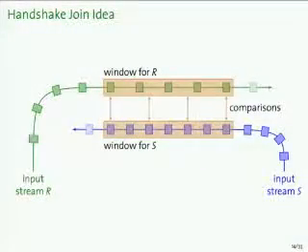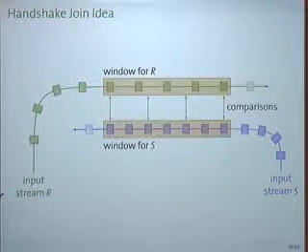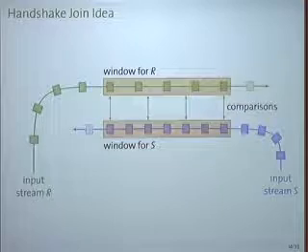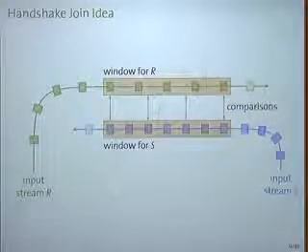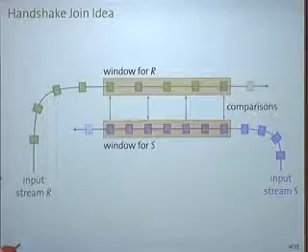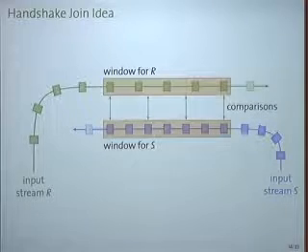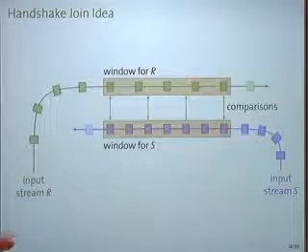So here's what we do. We have the players from stream R and the players from stream S crossing each other in opposite directions, and the window is basically what limits the segment where the interaction happens. These windows may have different sizes here, so 4 compared to 7, and we do the matching in between.